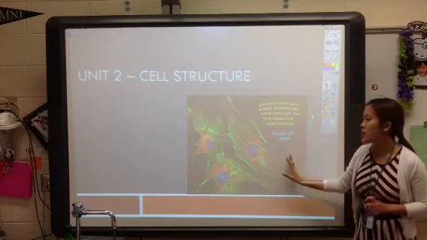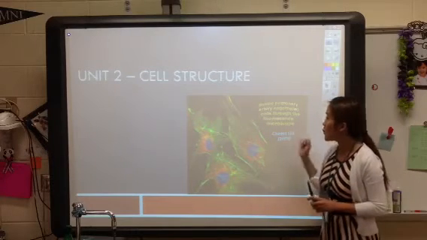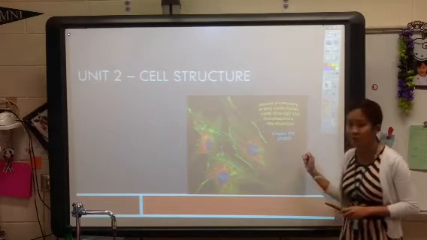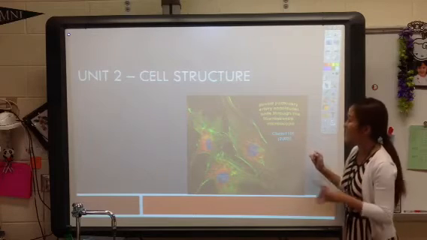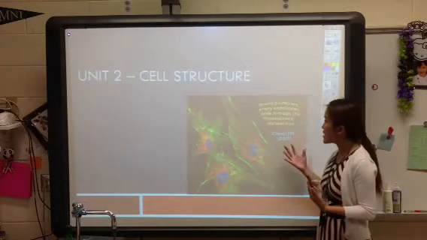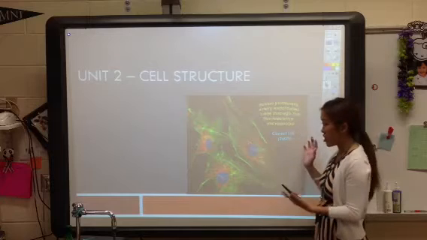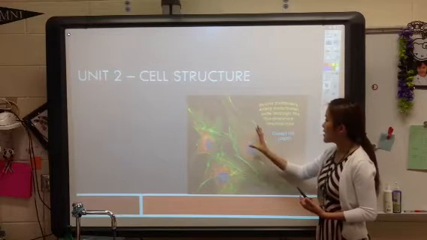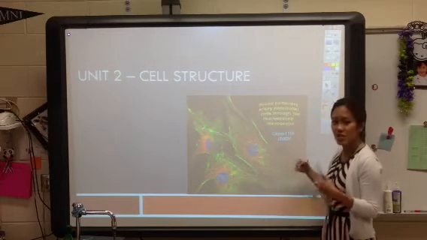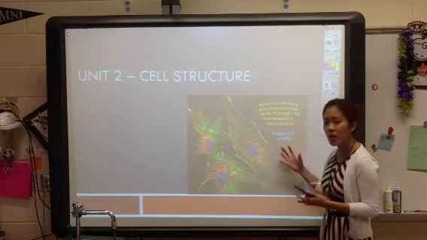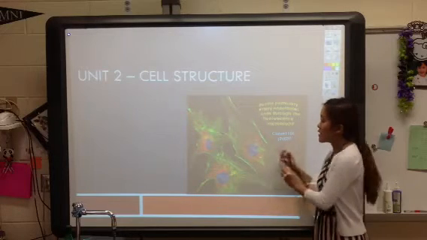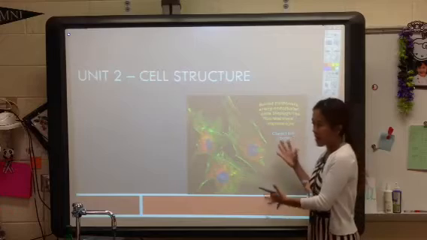Before we start, this is a picture of a bovine pulmonary artery endothelial cell. And really what this means is this is actually a sheep cell, and this has actually been fluoresced. There's a chemical that's been injected on it, or that it's been stained with, that's helping it shine with those vibrant colors.